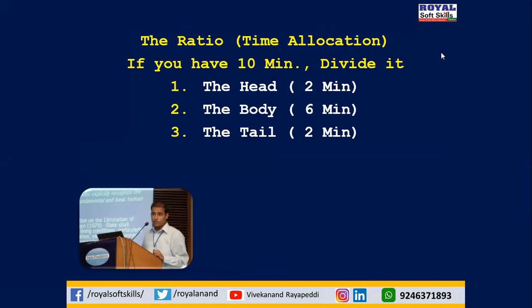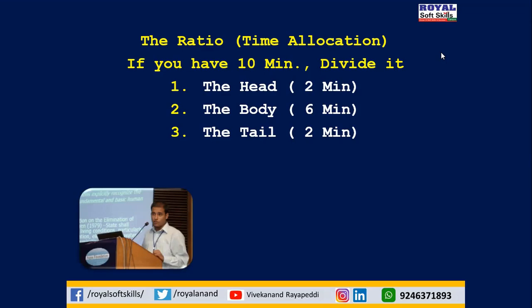Once you are clear with the time, then you allocate your time in this particular fashion. 20% of the time you need to allocate for the head of the presentation. 60% of the time you allocate for the body of the presentation, and the remaining 20% you allocate for the tail of the presentation.